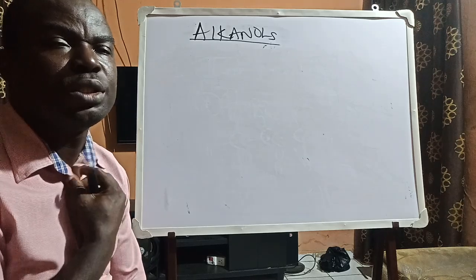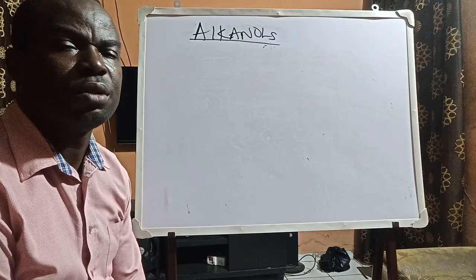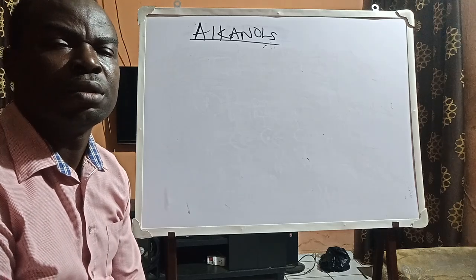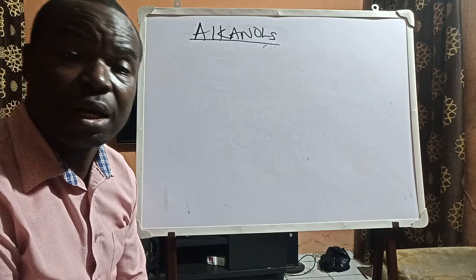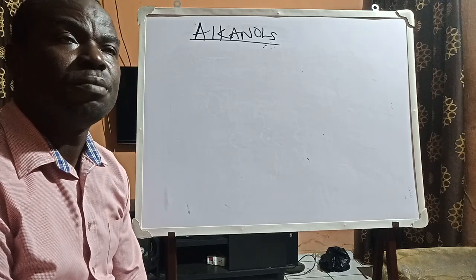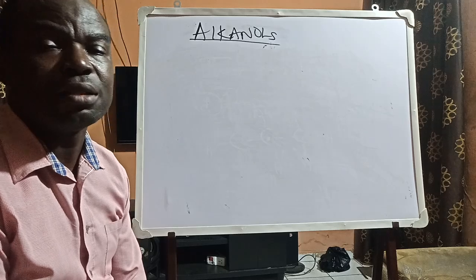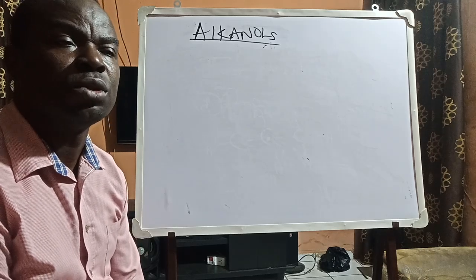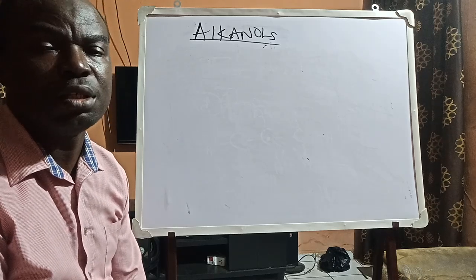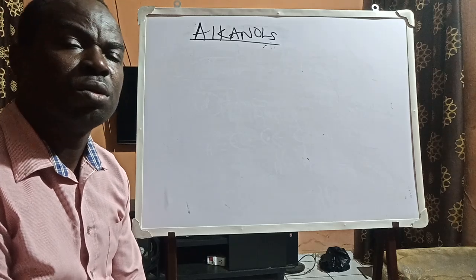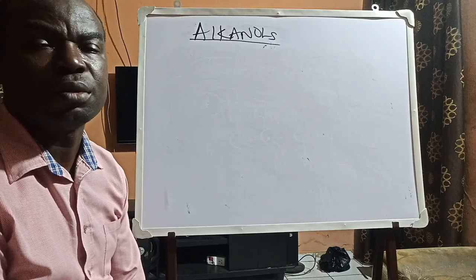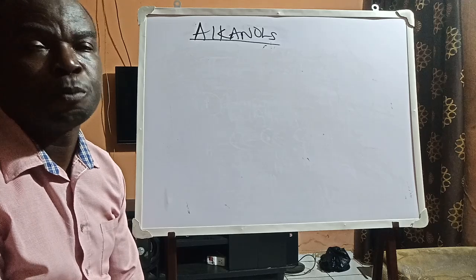Then we will see if we can delve into the IUPAC nomenclature for ALKANOLS. It is my wish that at the end of the day, you would have learned the structures of the different examples of ALKANOLS very well.